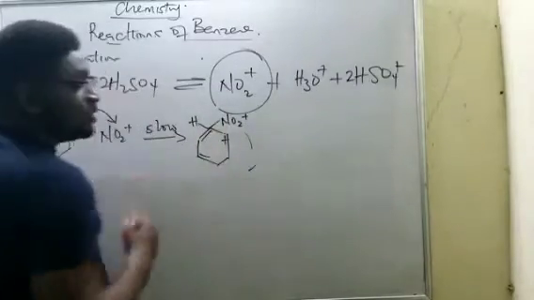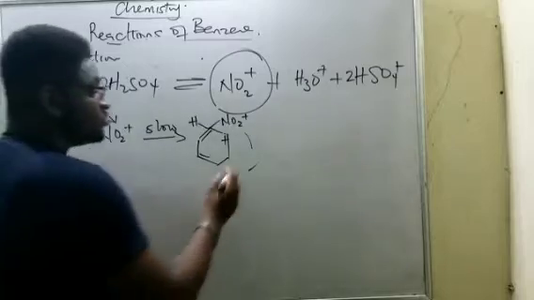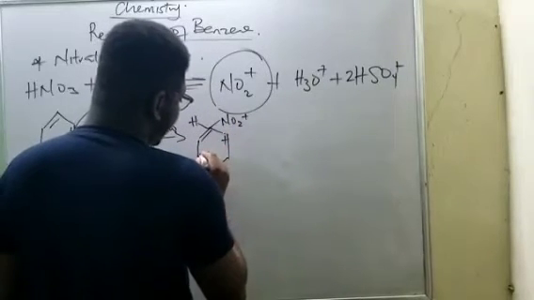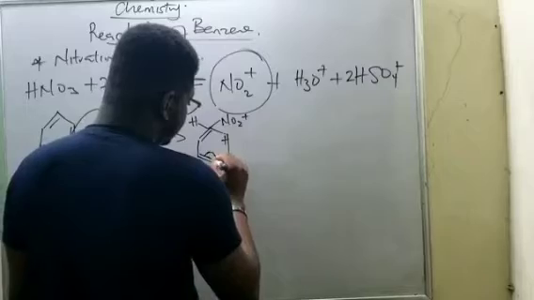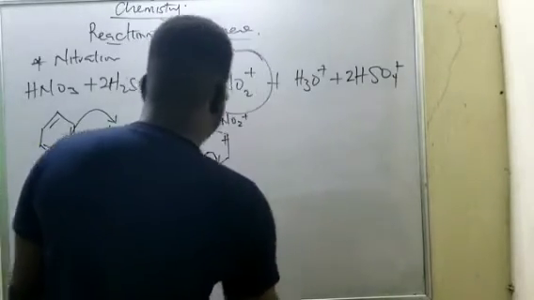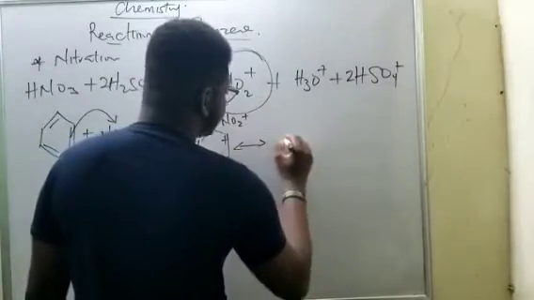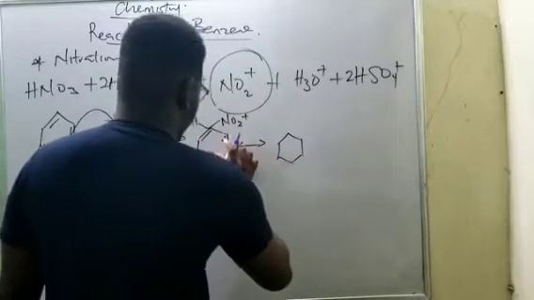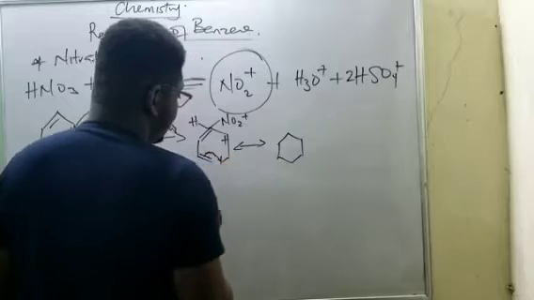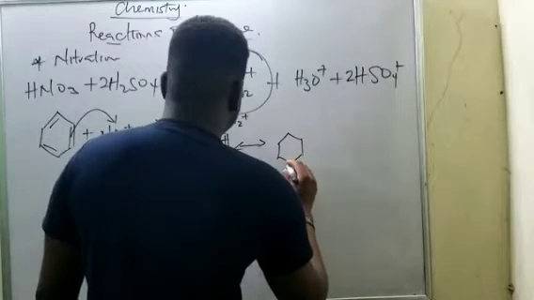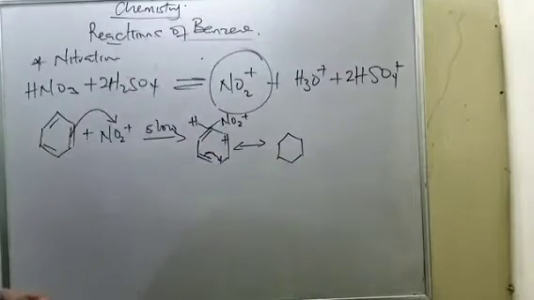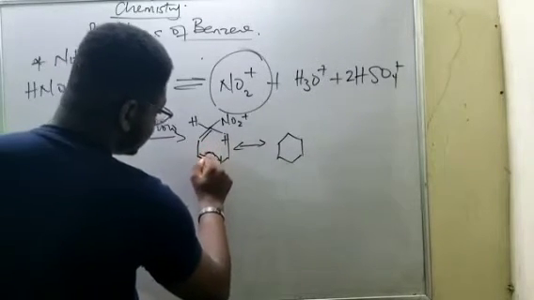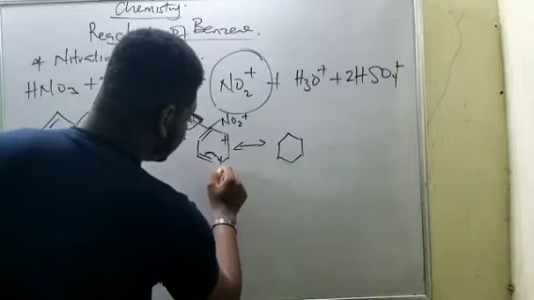So this can have different canonical structures, where we can have this bond moving to this, and we have something like this. Yes, this bond moving here.